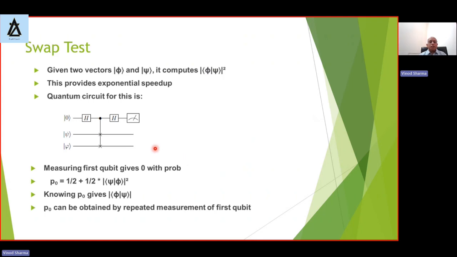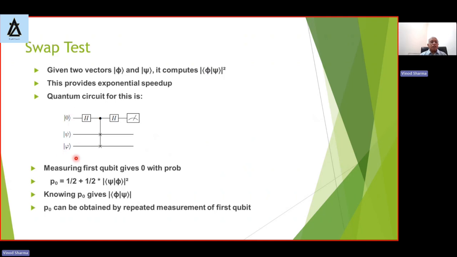The probability of getting 0, which is P0, is equal to half plus half times the norm of the inner product of phi and psi, squared. So if we can calculate this P0, the probability of getting 0 at this observation, then from this we can get this quantity, and hence from that we can get this. Now, how to get this P0? P0 can be computed by repeatedly doing measurements on the first qubit.